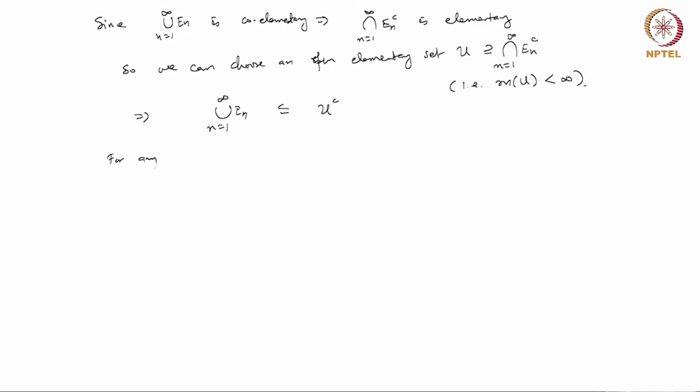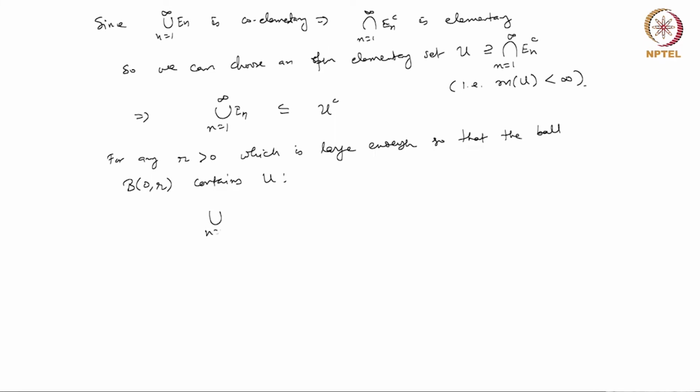Now for any R greater than 0 which is large enough, U is a bounded set, so we can always find R large enough so that the Euclidean ball with center 0 and radius R contains U. For this R we have En intersection B(0,R).